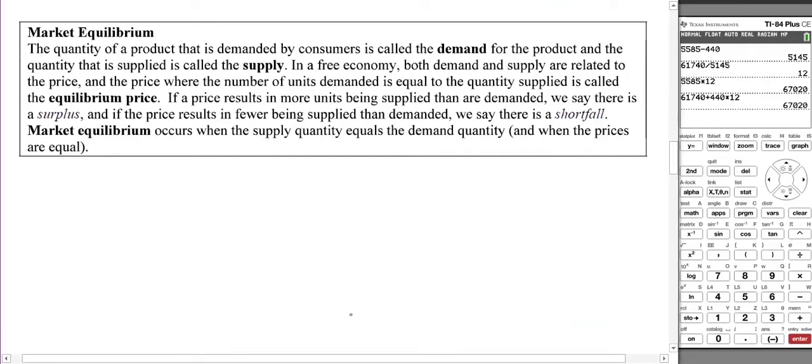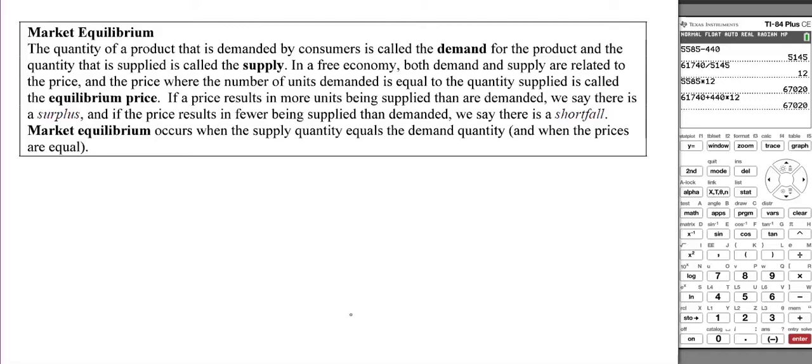Market equilibrium. Quantity of a product that is demanded by consumers is called the demand for the product, and the quantity that is supplied is called the supply. In a free economy, both demand and supply are related to the price, and the price where the number of units demanded is equal to the quantity supplied is called the equilibrium price.